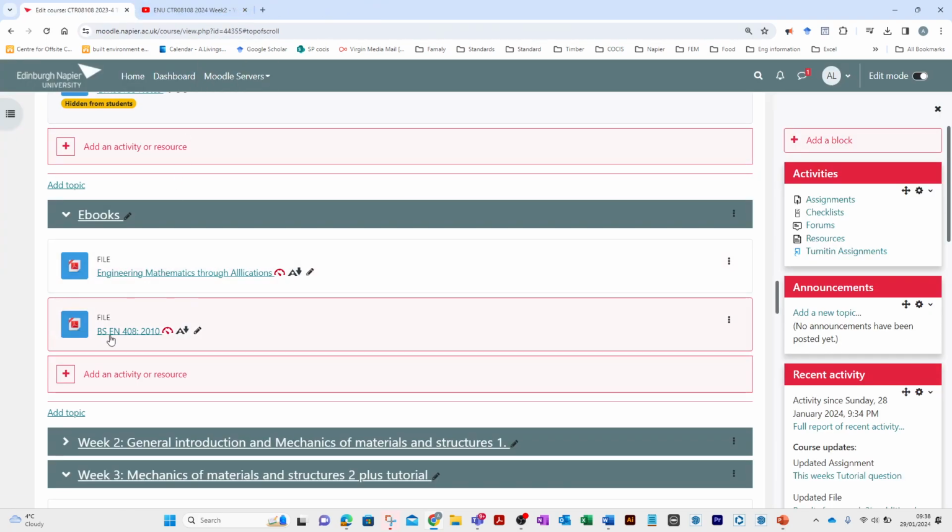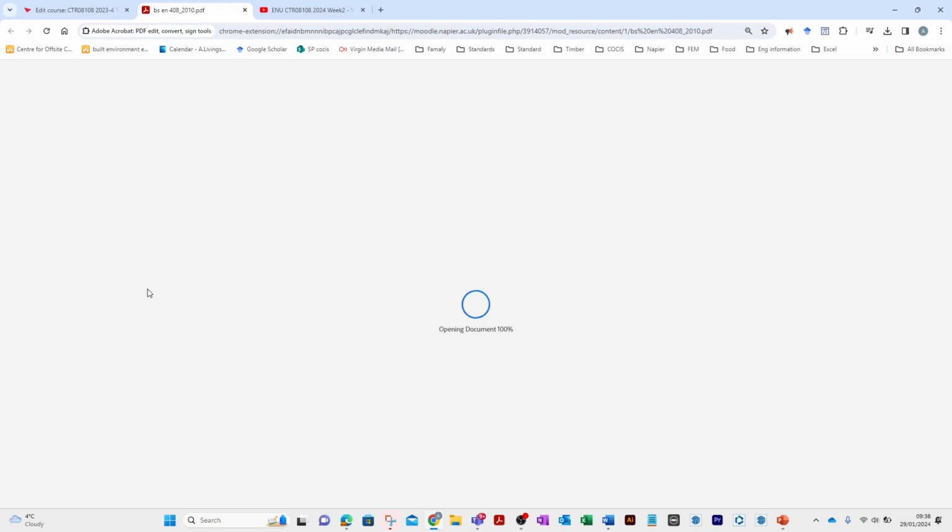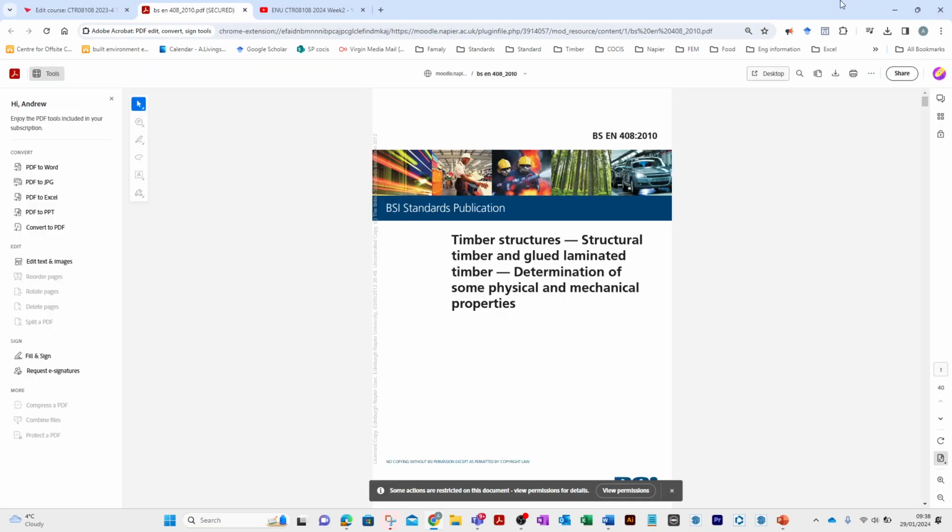This document here, BS EN 408, is the document that this module is based on. It's all the tests that you'll be doing in the lab downstairs, and most of the tests in the lab that we'll be doing in my office at Seven Hills, near Sight Hill, will be based on this document.